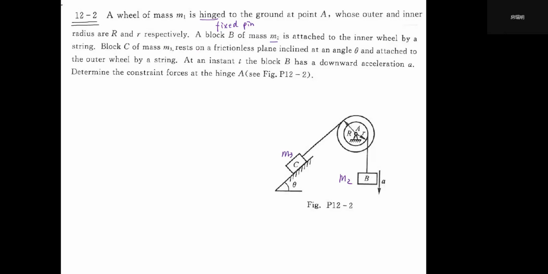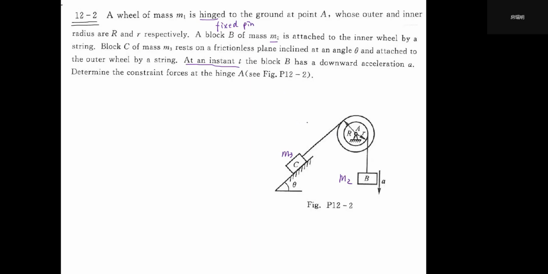Block C of mass M3 rests on the frictionless plane inclined at an angle theta and attached to the outer wheel by a string. At an instant t, block B has a downward acceleration a. Let us determine the constraint forces at hinge A.